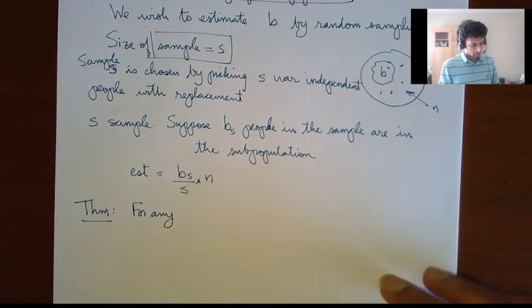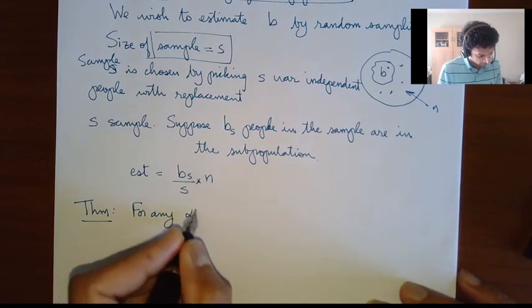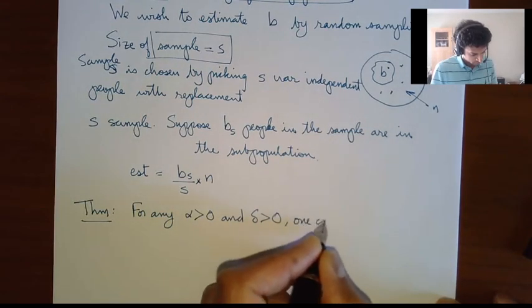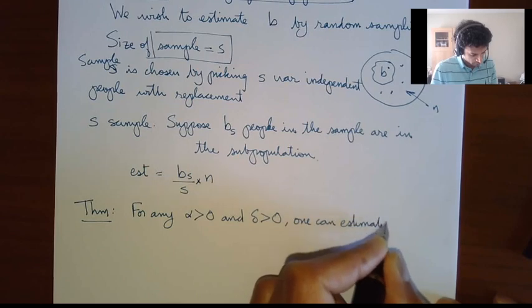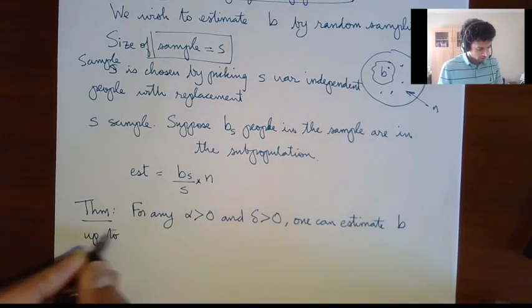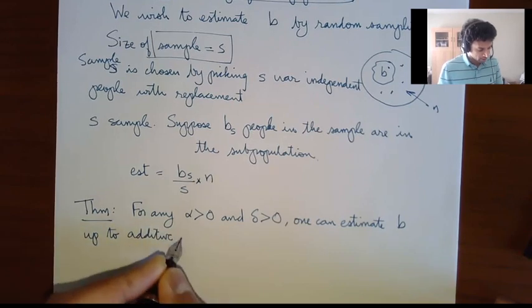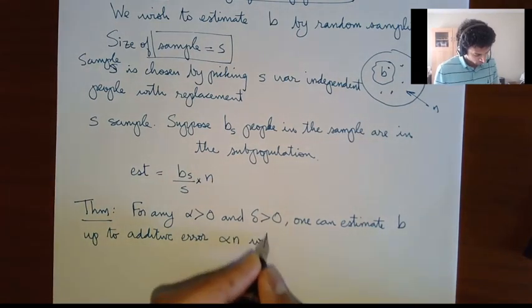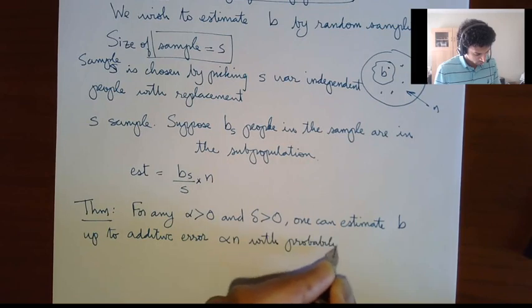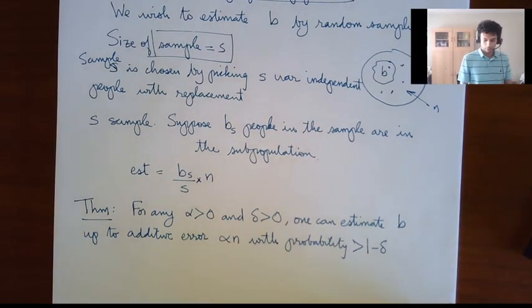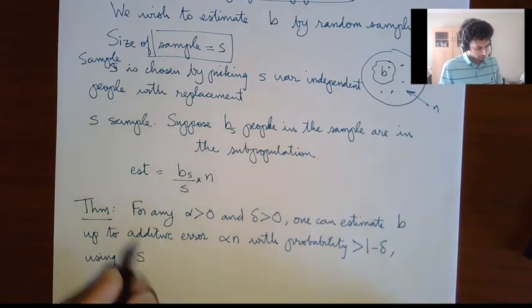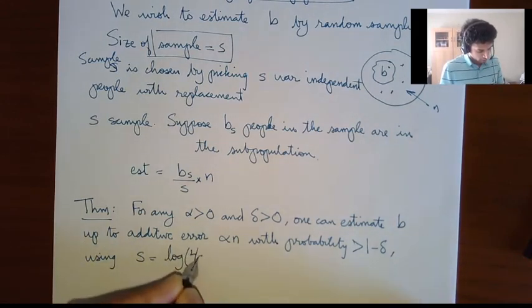I'll say that for any alpha greater than 0 and delta greater than 0, one can estimate B up to additive error alpha N with probability at least 1 minus delta, using a sample size S of log 2 divided by delta divided by alpha squared.